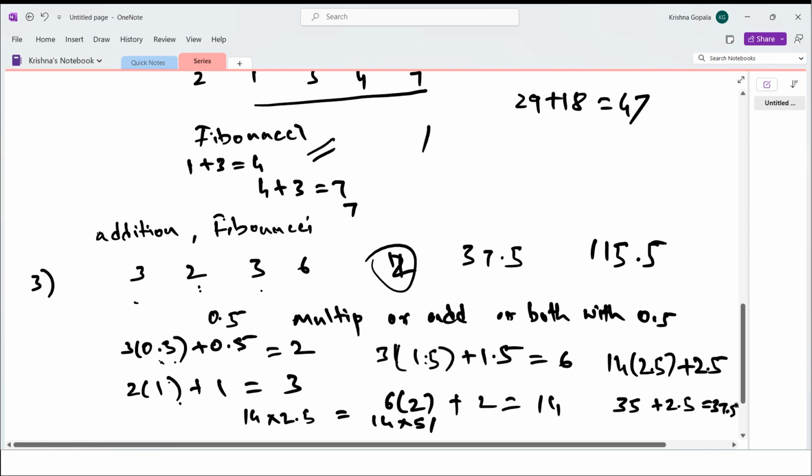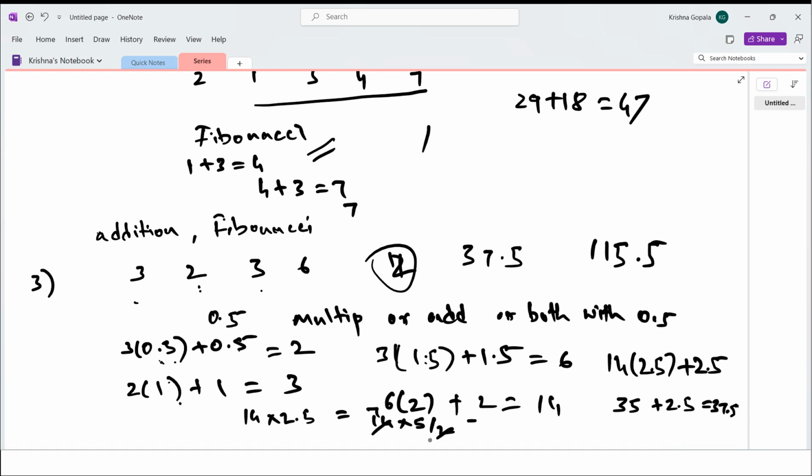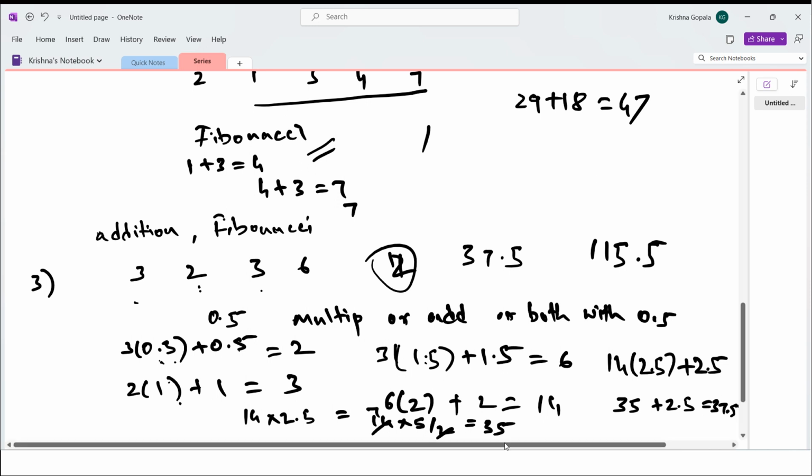Right, 2.5 is 5 by 2. So this is 7. 5 sevens, 35. So you need to learn how to do this kind of fast calculations. Right, 14 into 2.5, you should quickly identify it as 35 just by looking at it. Right, 35 plus 2.5, it is 37.5.